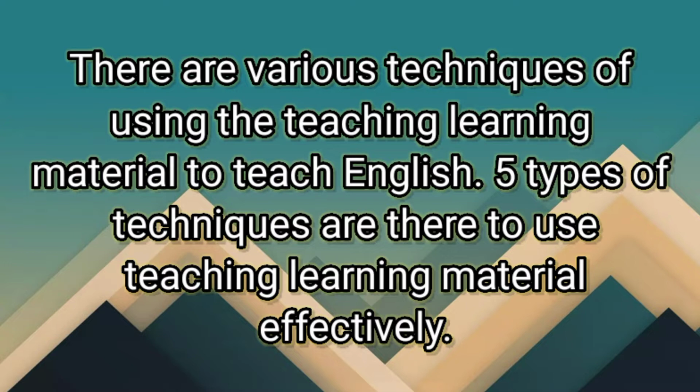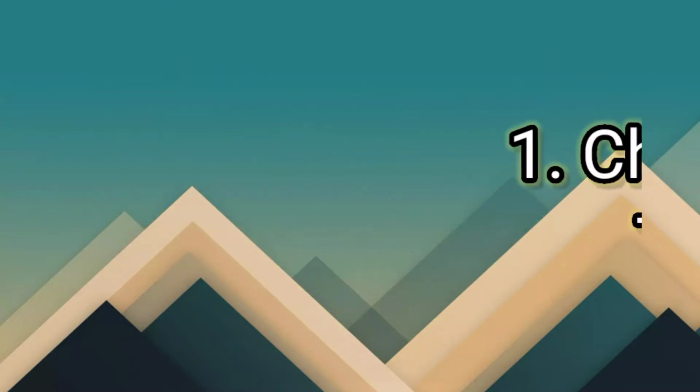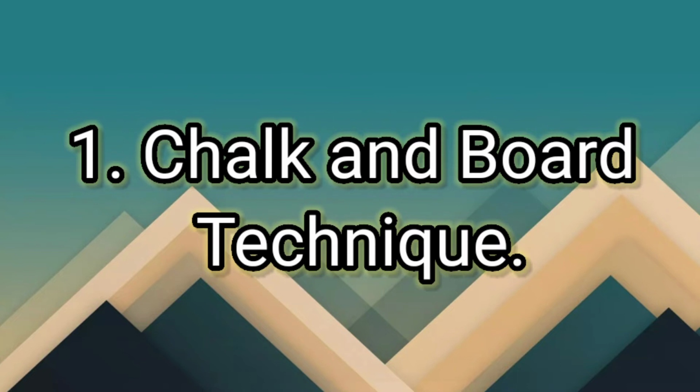In a broader sense, there are 5 types of techniques which play an important role. What are the techniques which play an important role in using teaching learning material to teach English? The first one is the chalk and board technique.